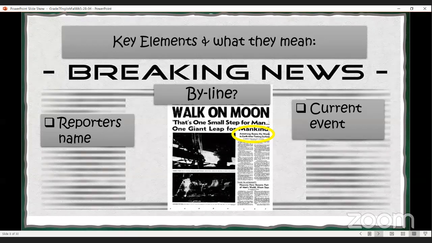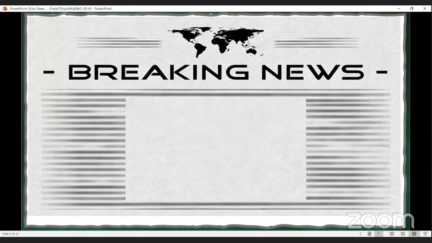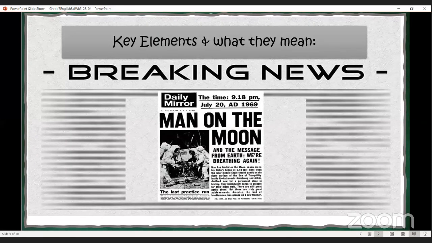Right, let's look at the next key element while our brains are active. Now, sometimes I use the same article, sometimes I don't. It depends what I want you to look at. So let's look at this one. This is your place line. Now, place line kind of indicates already what it is, but it's not common when we're studying newspapers.